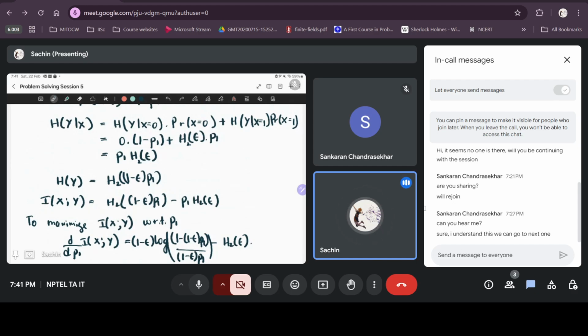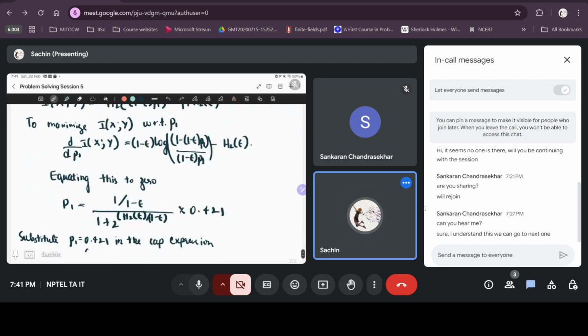And you will end up with capacity approximately 0.5 bits.